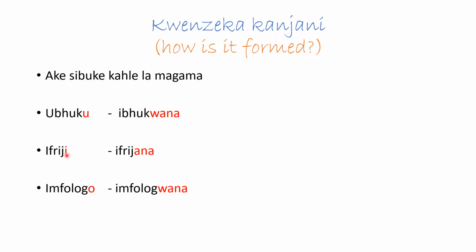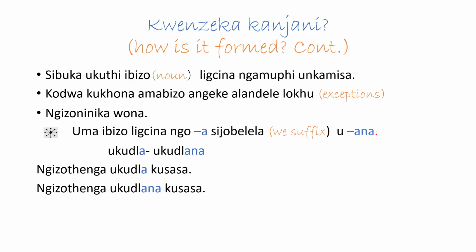Look at the last vowel of this noun; when it's small, we say ifrijana. Then imfoloko and imfolokwana. Look at these last vowels and what they become when they are diminutives. We shall look at that in detail as we go along. Here I just wanted to give you a picture so that you can see what we are doing.